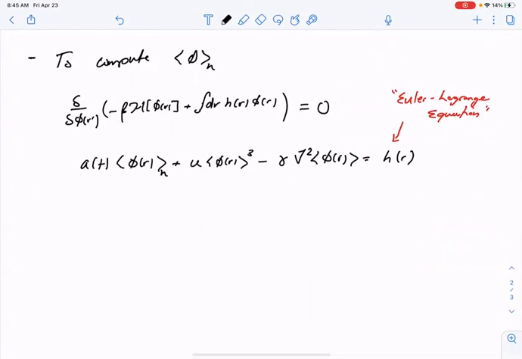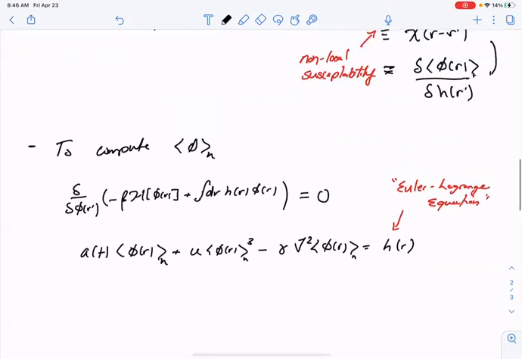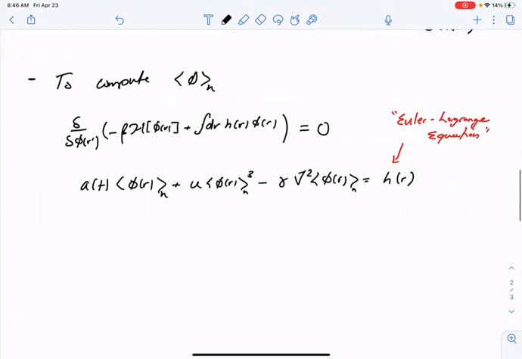So these averages depend on h, but that is the same dependence right here. So if we took a derivative of both sides of this equation with respect to h, on the right-hand side, that's just going to be a delta function.